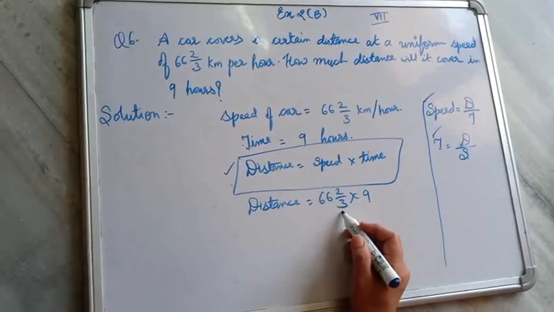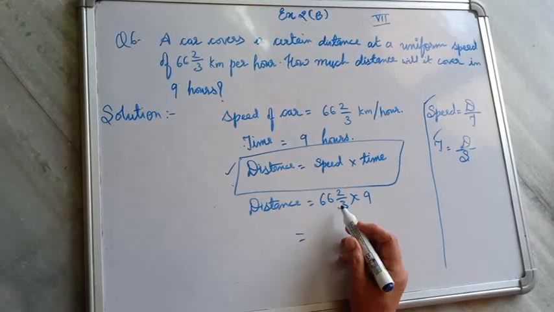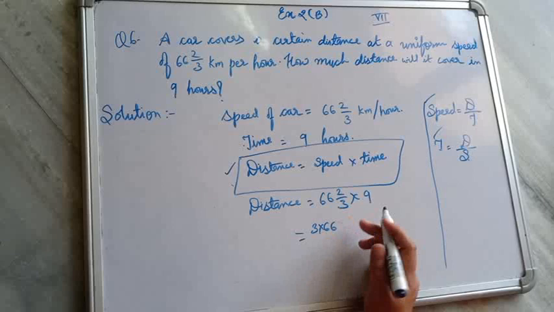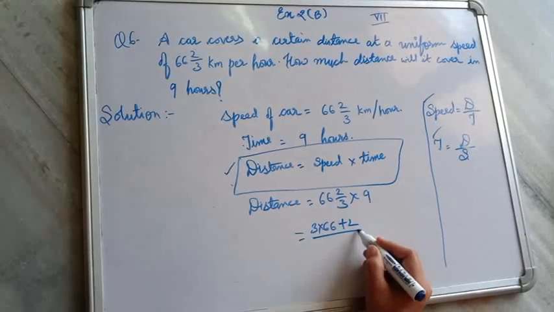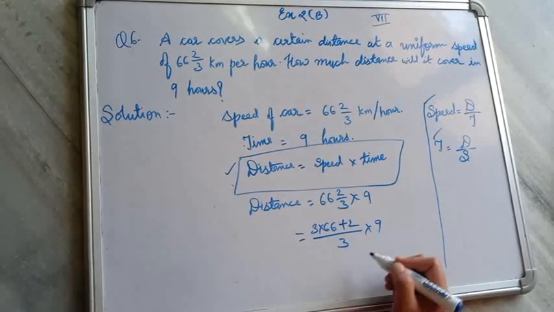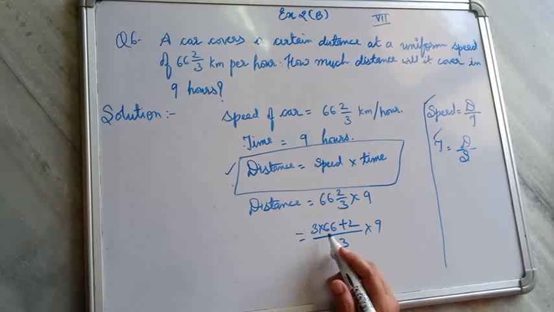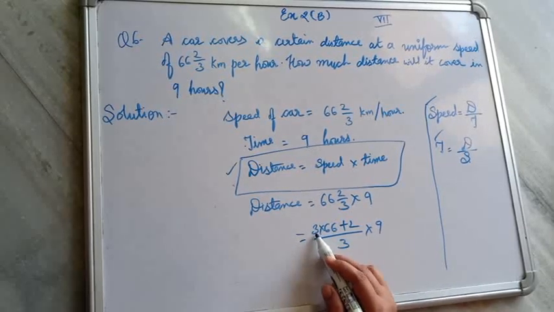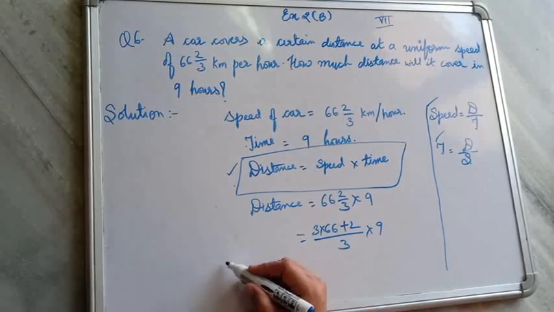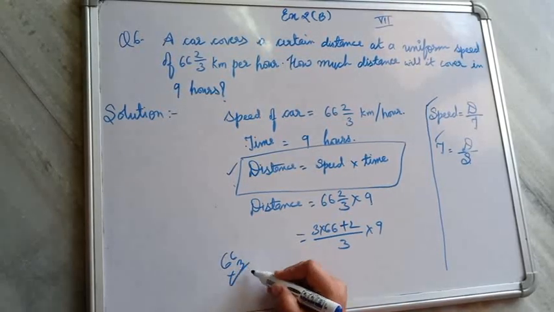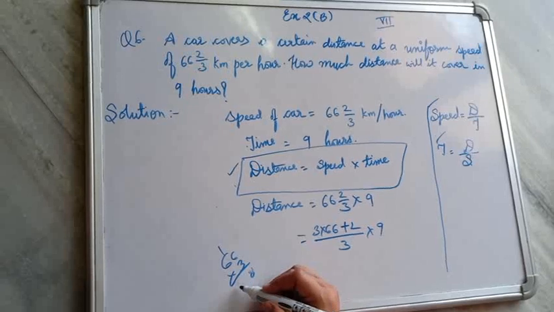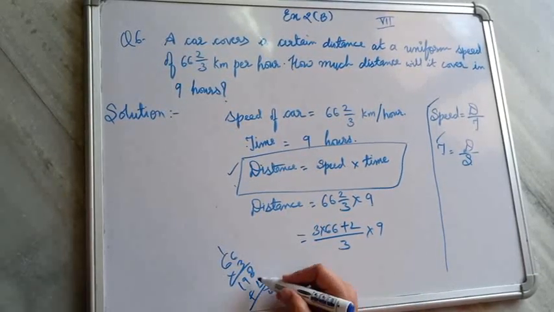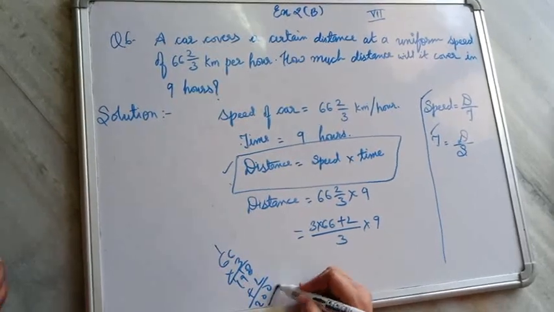Now convert it into improper fraction. 3 multiplied by 66 plus 2 upon 3 multiplied by 9. So 66 into 3, 3 6 are 18, 1 carry, 3 6 are 18, plus 1 is 19, 198 plus 2, that is 200.